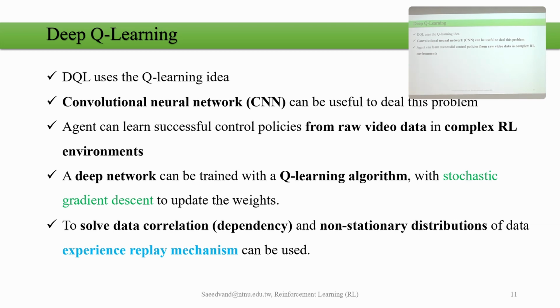On the other hand, an agent can learn successfully control policies from raw video image data in complex deep reinforcement learning environments. So not only one frame of a picture, the video comes, and from that video we can extract frames and understand what is happening, for example, in the simplest form, what's changing between two frames as our input state, and make a decision on what to do.